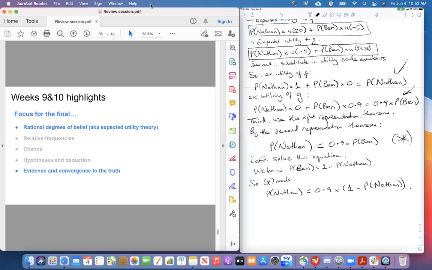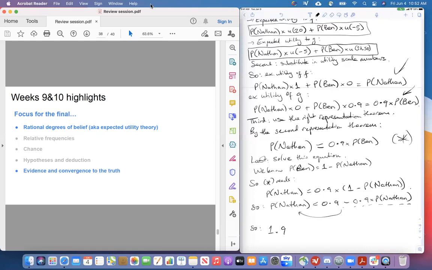And then we solve this. So we expand those brackets. This becomes degree of belief in Nathan is 0.9 minus 0.9 times degree of belief in Nathan. Take this term over here. So I'm going to add 0.9 to 1.